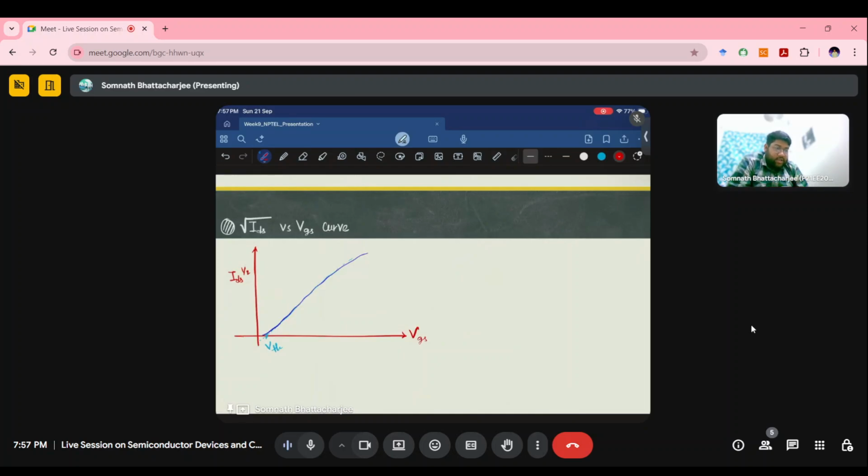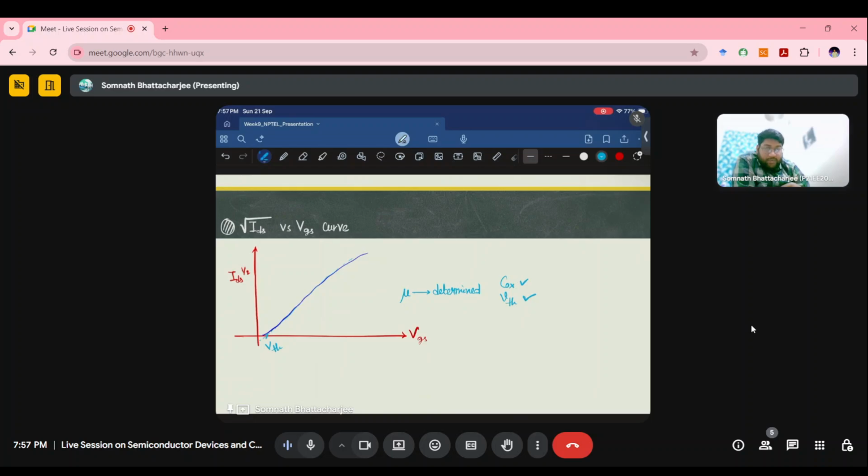If we can measure the value of W and L, which is already fixed for the device fabrication, we can directly also get the value of mobility as well. So mobility can be determined because from the device fabrication we already know the value of COX, we already know the value of VTH from this kind of a structure.